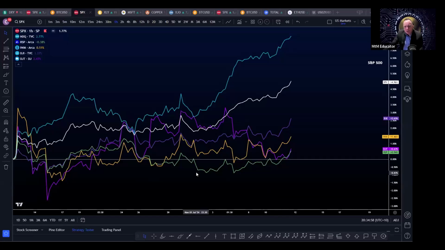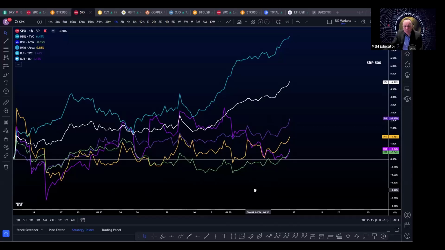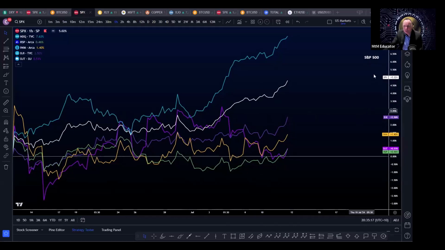And what you're starting to see is because people are starting to think that interest rates are going to come down, we're starting to see more risk come into the markets. This is just the last 2 weeks of the exact same charts that I was looking at.